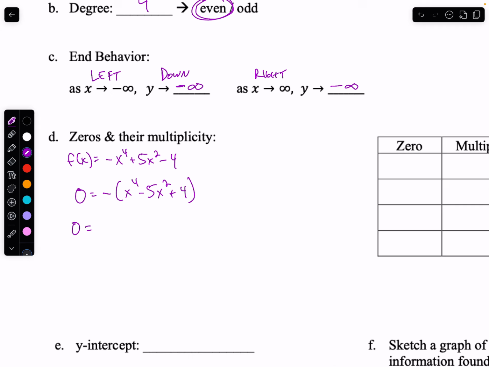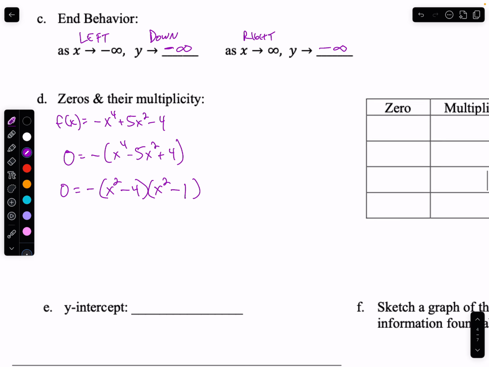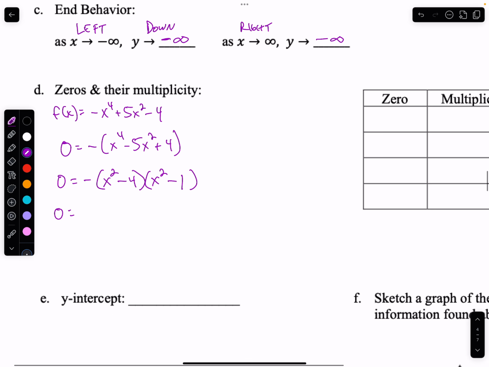I'm going to factor this again. If it's x to the 4th, I know it's x squared and x squared. Now I'm looking for numbers that multiply to 4 and add to negative 5. That's going to be negative 4 and negative 1. And then I realize those are differences of squares.